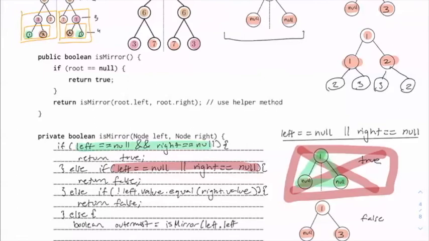So this is the leftmost child, and we are comparing this with the rightmost child. And then we're also going to define Boolean innermost, which is when we check the innermost children with the innermost children.